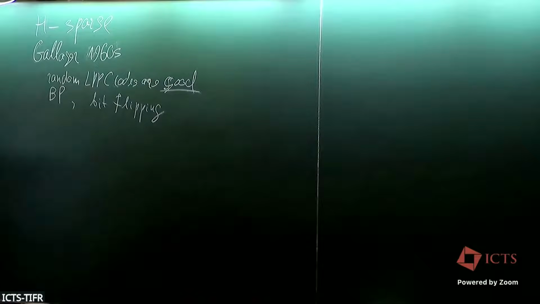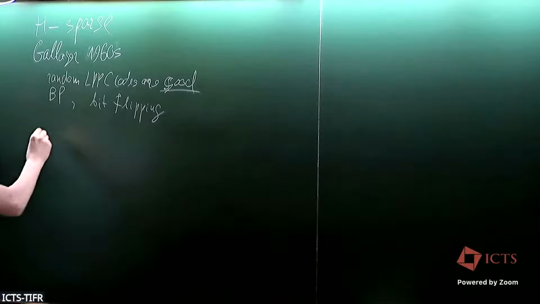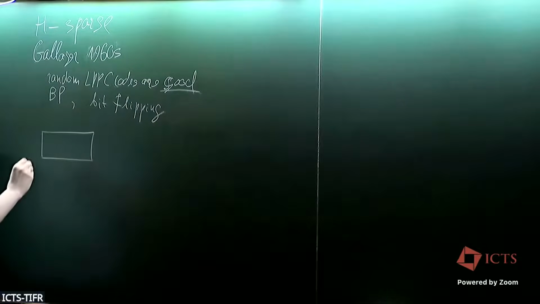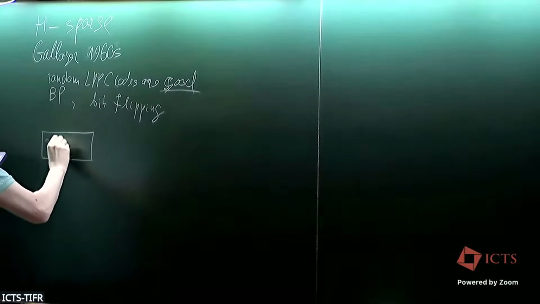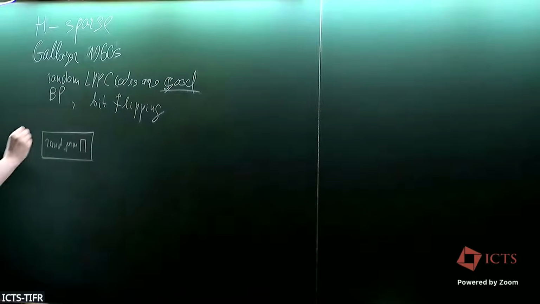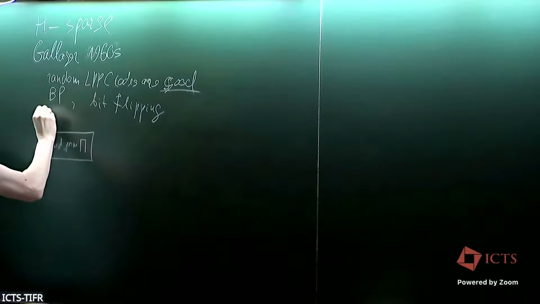Okay, I said that random LDPC codes are good, but let me show an example. What do I mean by a random LDPC code? Because different people mean different things when they talk about random LDPC codes. By completely random, I mean the code constructed in the following way.